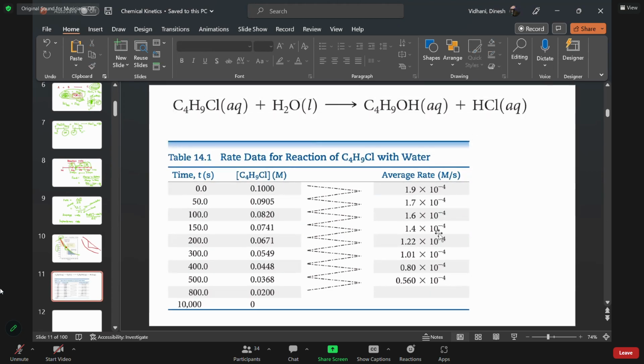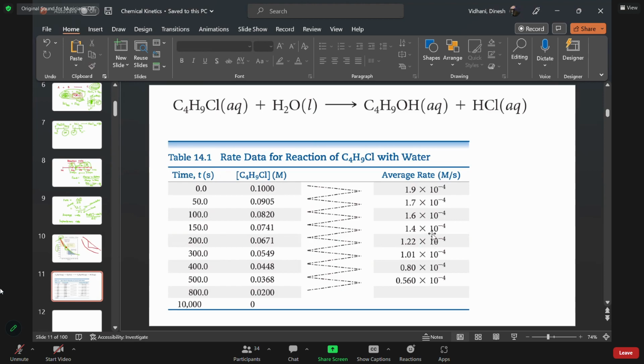Now, when you look at the speed of the reaction, you can see the concentration of your starting compound, and you can see that the starting compound is going down. The concentration is going down with the time.